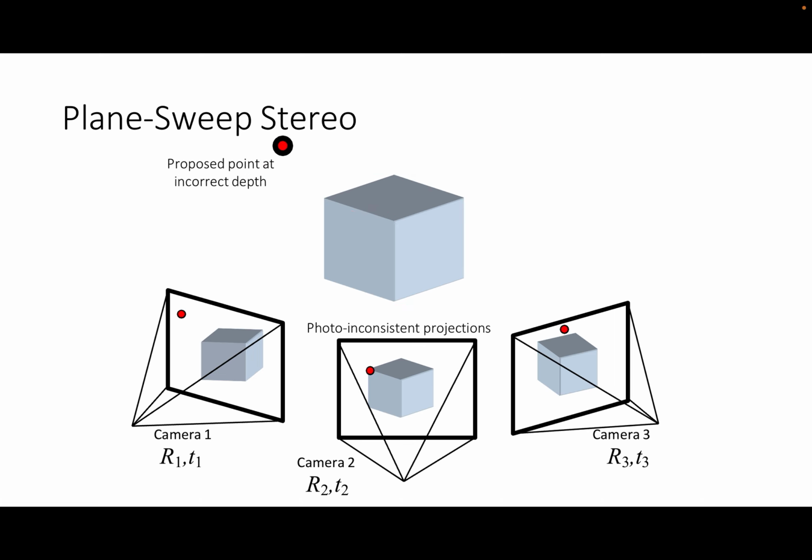But the failure case is the bad case. This is the incorrect depth. So let's say this is a triangle, but this is a circle. This circle is projected to the reference image viewpoint, and that becomes this one. And the pixel value here is just white, right? This is just a background pixel. And this is just some bluish pixel, right? Blue pixel. So we also compare circle and triangle.